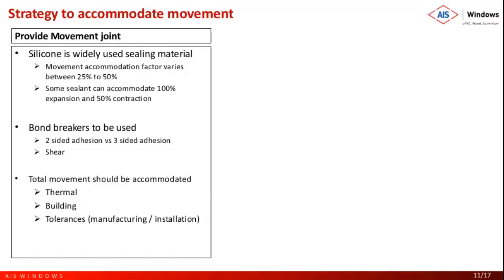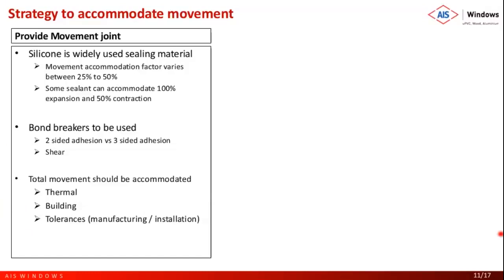There are some sealants in the market which can accommodate expansion to the tune of 100% and contraction to the tune of 50%. Contraction cannot be 100%, because once the gap becomes zero, that is not possible.